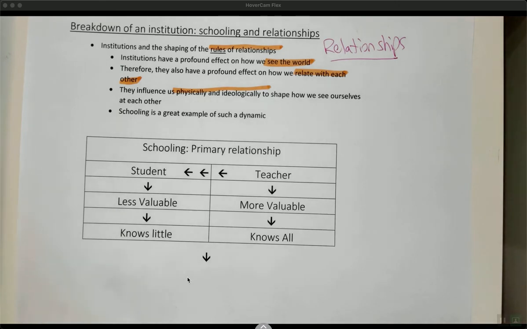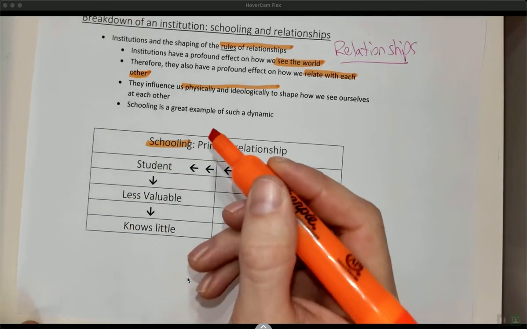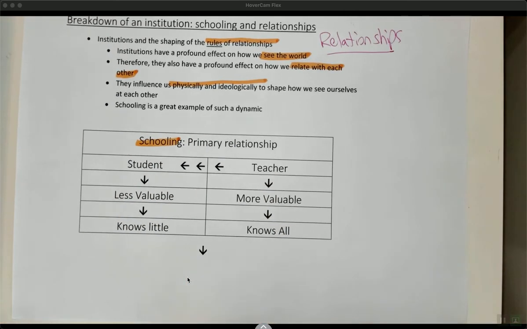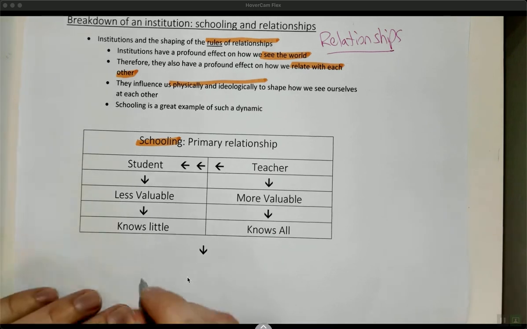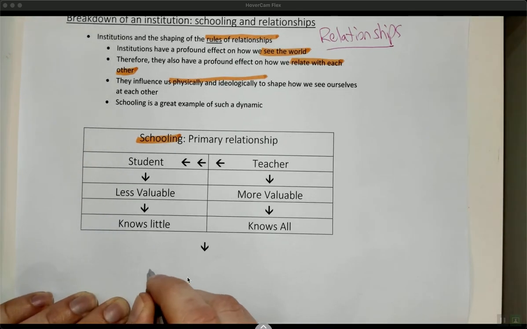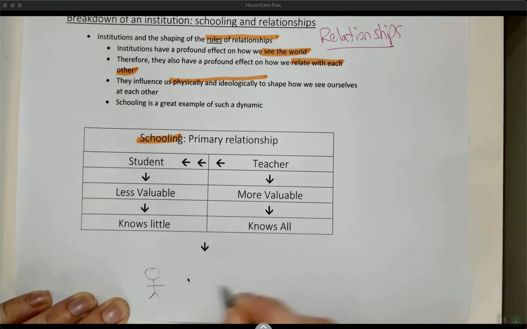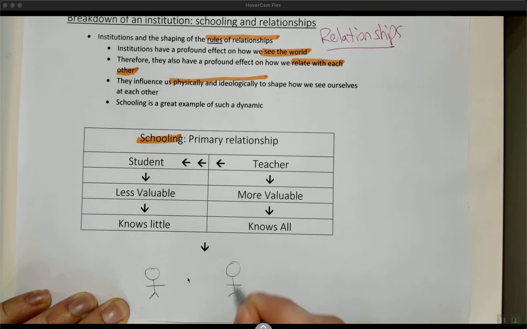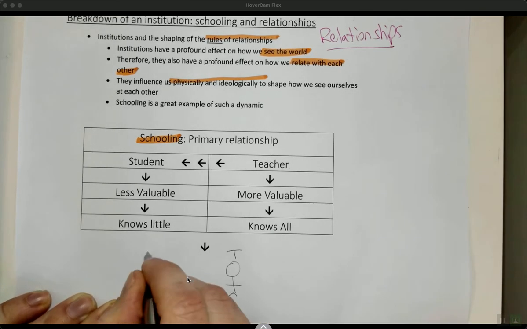So if we're to think of the institution, in this case schooling, let's think of the primary relationship here. I'm going to take a look at the student-teacher relationship. So if we're going to draw our little stick figures that we always do, we think then of our student and our teacher, T for teacher, S for student.